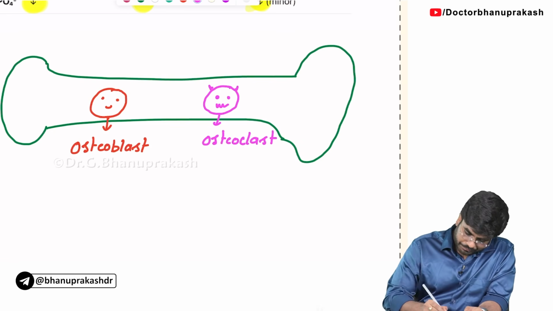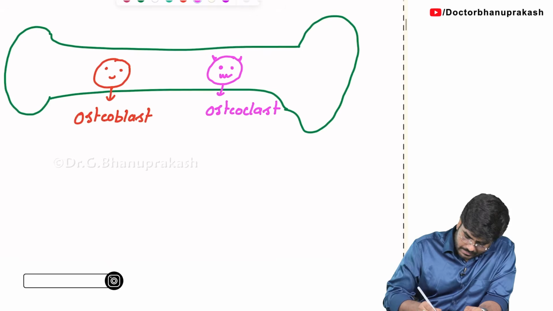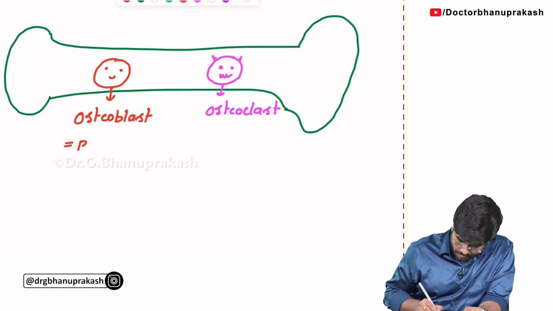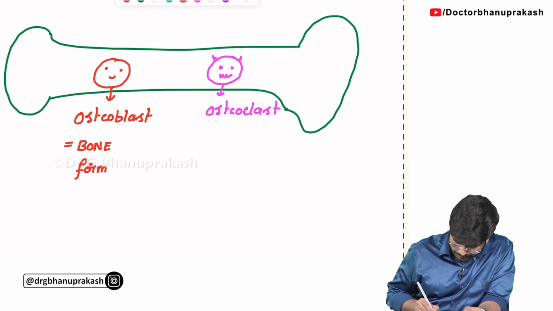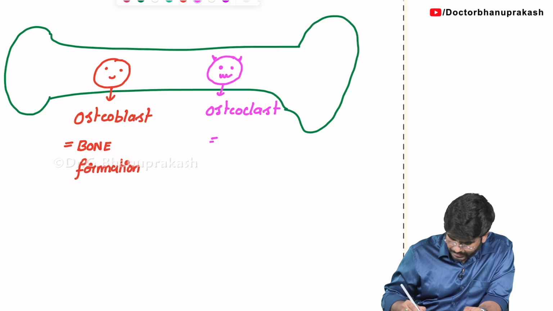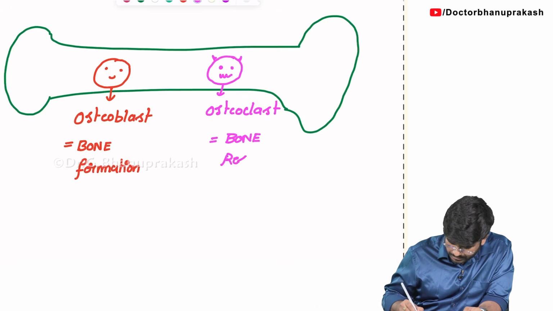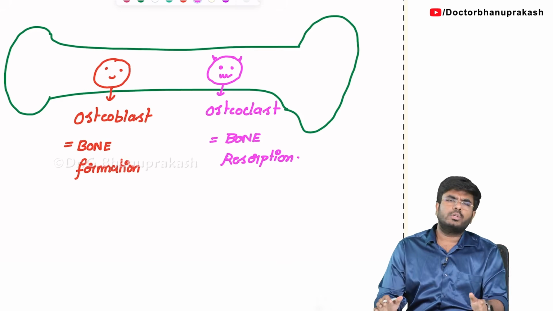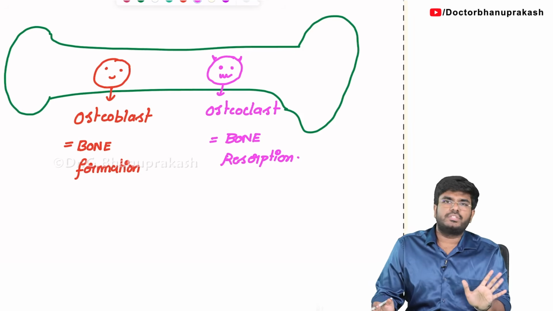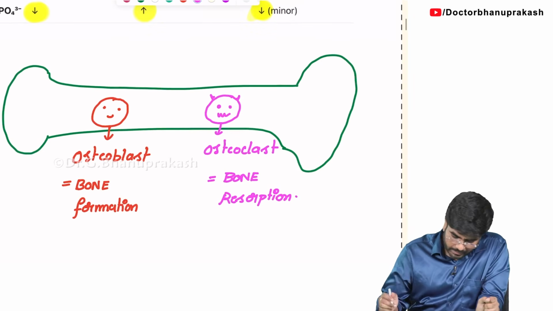Now, osteoblast always helps in bone formation. Then what about the osteoclast? Helps in bone breakdown. Bone resorption. Actually, in our body, both bone formation and bone resorption are happening. Physiologically, both are happening.